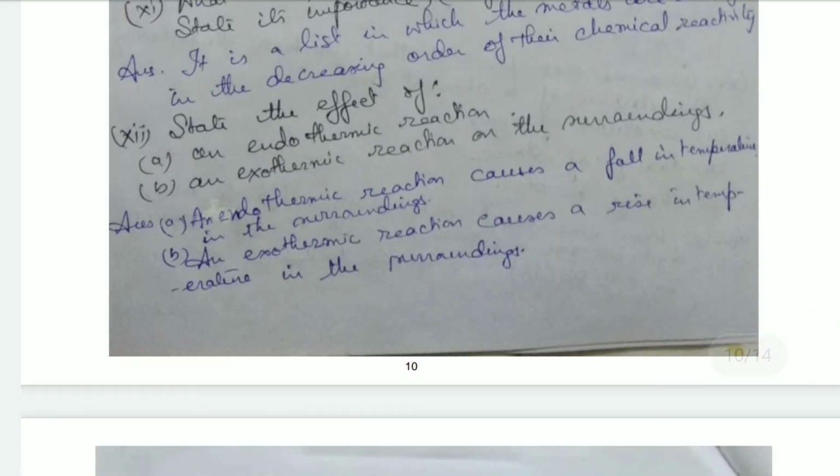Now, state the effect of an endothermic reaction and an exothermic reaction on the surroundings. An endothermic reaction causes a fall in the temperature of the surroundings, and an exothermic reaction causes a rise in the temperature of the surroundings. Why is it so? Because an endothermic reaction requires heat, and it absorbs heat from the surroundings.